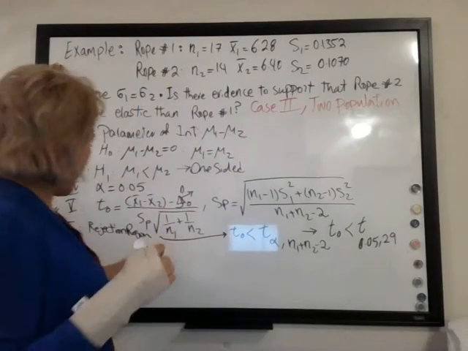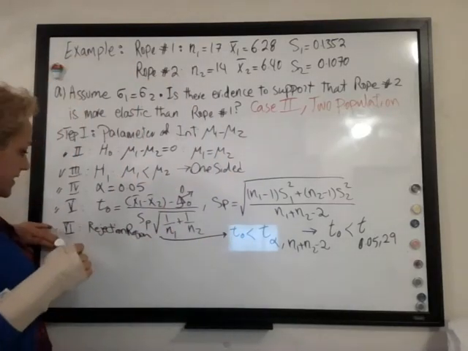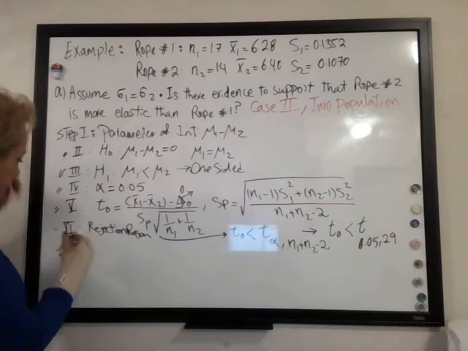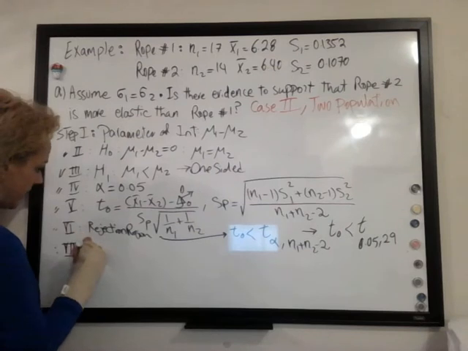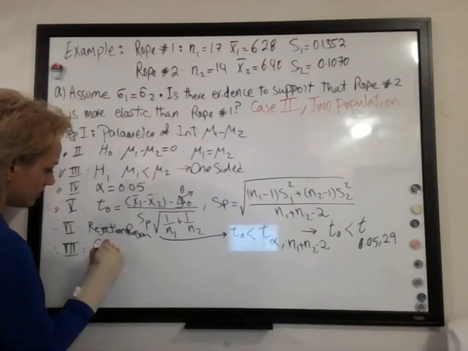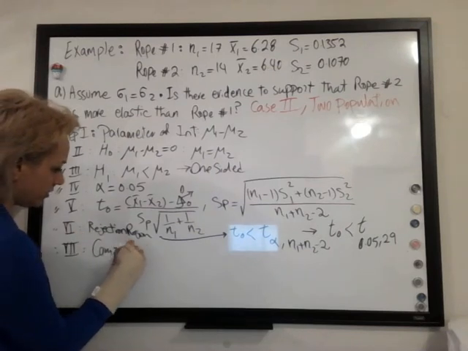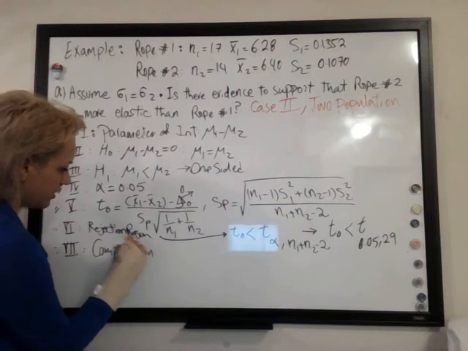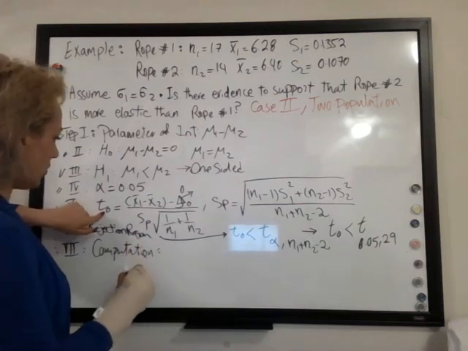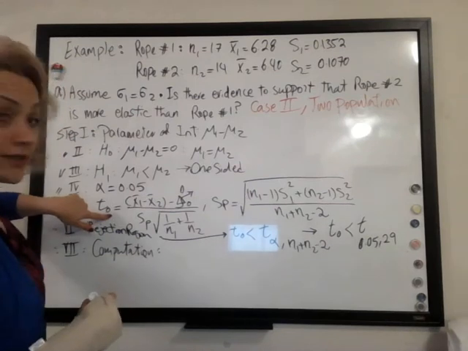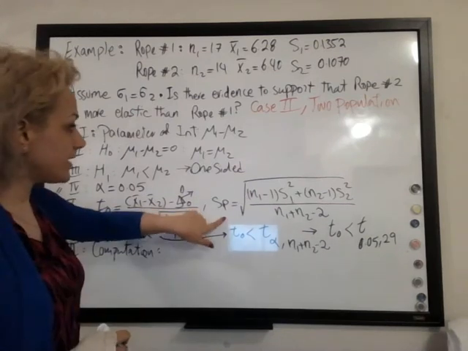Okay. So step number 6 is the rejection region, and then 7 is the calculation, or computation. You can write down calculation, it doesn't matter. So for the computation, what do we have? First of all is the t null. For finding the t observed, we need to find SP.